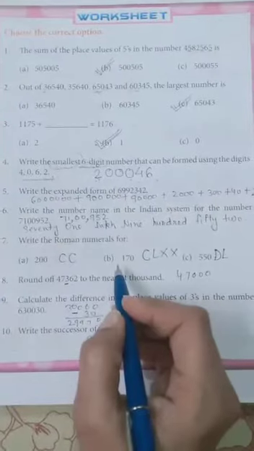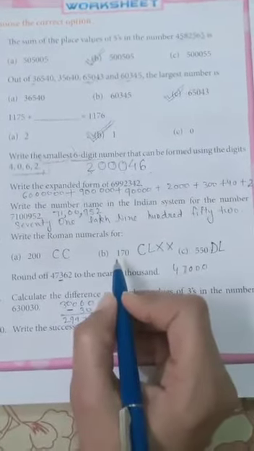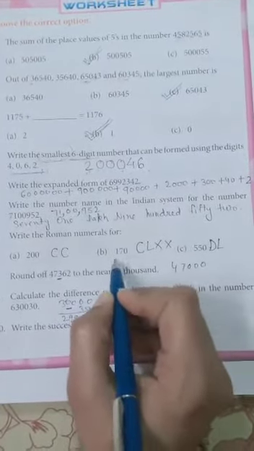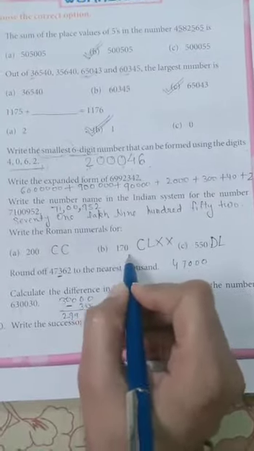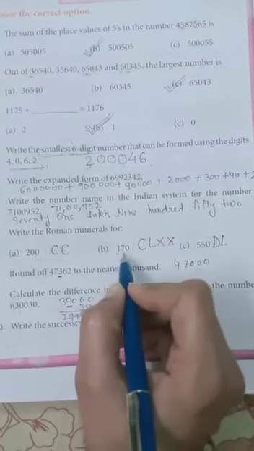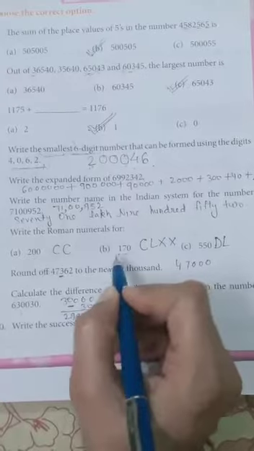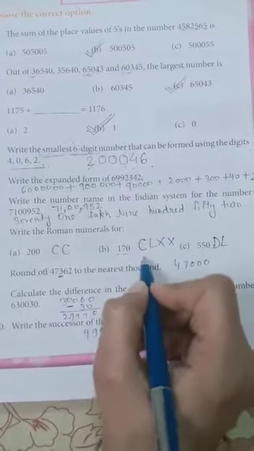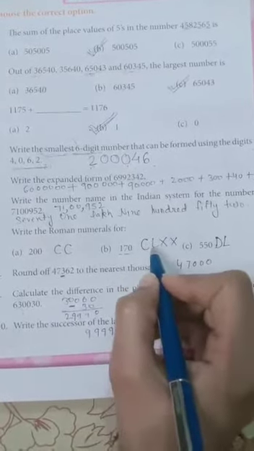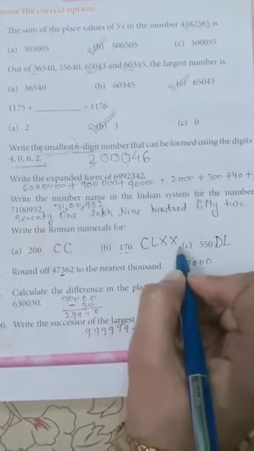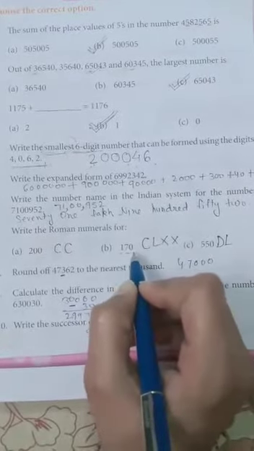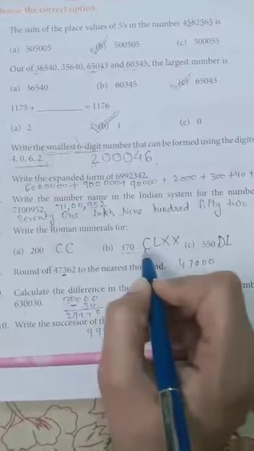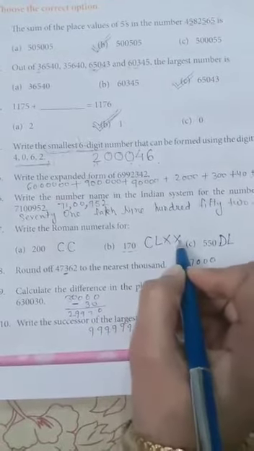Now come to the next question. What we have to do is write the Roman numerals. The number is 172. So 170: 100 means C and 70 then LXX. So what is the Roman for 170? CLXX.